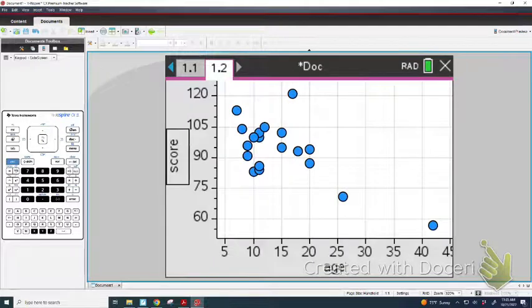Here's our scatter plot. We made that earlier this week. And here's our least squares line. That's kind of rough, but let's imagine I did it really specific, and there it is.